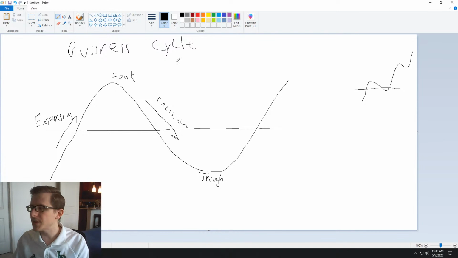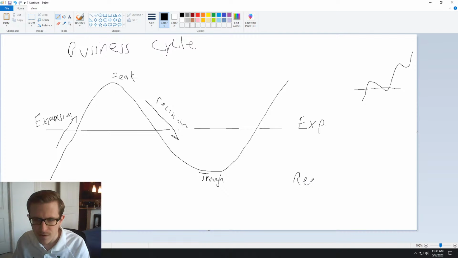Now, the important thing to remember with these is that they're all going to have their downsides and their upsides, of course, as well. All right, so expansion. I'm going to abbreviate this, and recession. For expansion, we're going to look at those different indicators then.